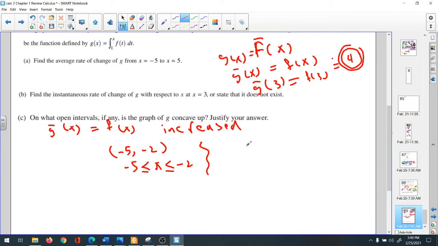So the second interval is 0 till 3, or you could write 0 is less than or equal to x is less than or equal to 3. Periods of increasing mean concave up.